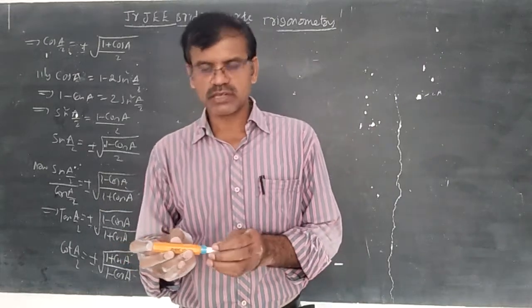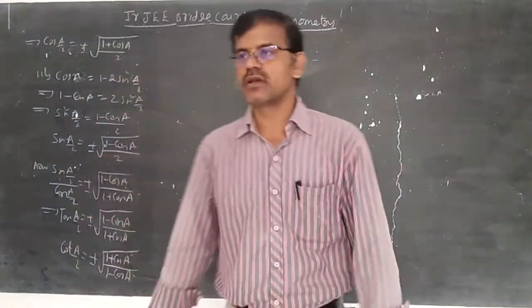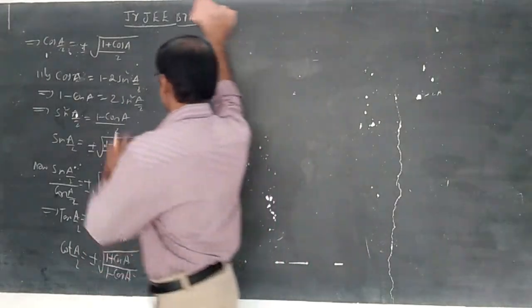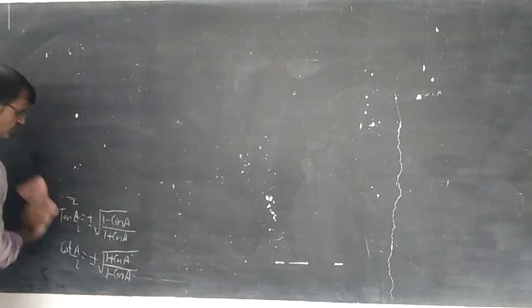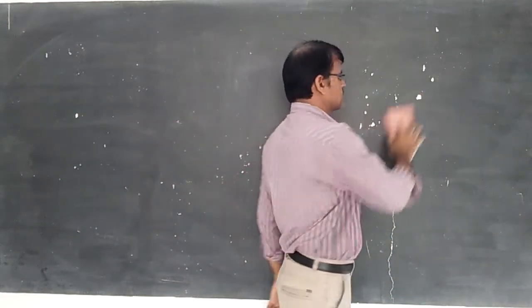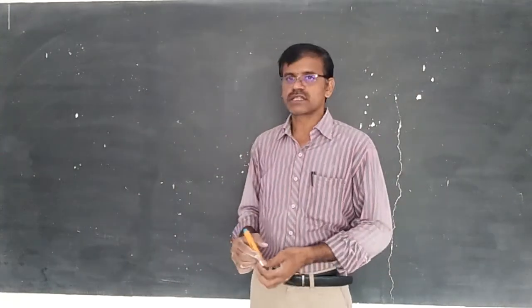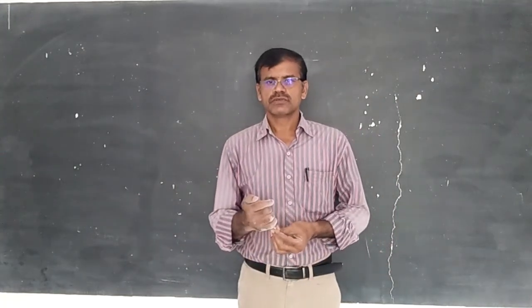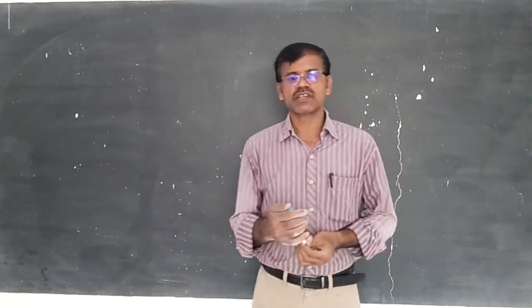In next class, the multiple angle 3A formulas are there, and the submultiple A by 3 angles are also there. So we can discuss the 3A and A by 3 formulas, depending upon the formulas. Plenty of sums are there. Until exercise C, the concepts I have discussed with you. So let us continue the topic, formula sums, in next class.